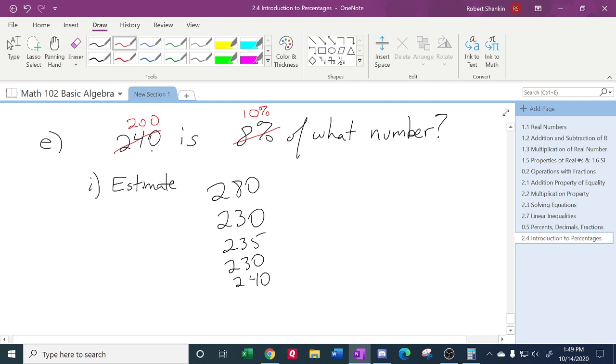Now, if I said 200 is 10% of what number, do I need a number that is either bigger than 200 or smaller than 200?